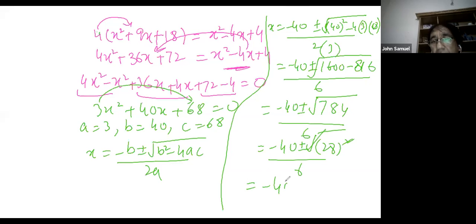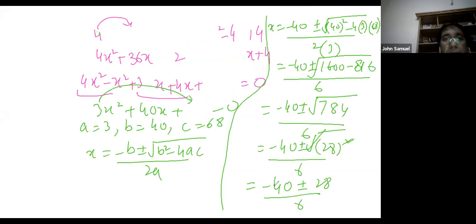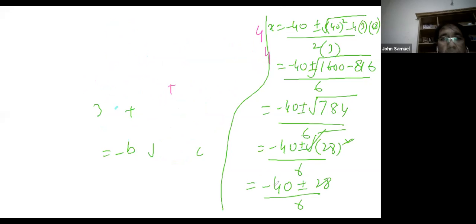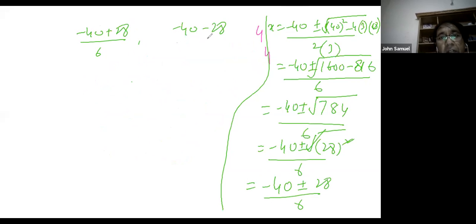So you will get minus 40 plus minus 28 over 6. Raising it from this side, minus 40 plus 28 over 6 and minus 40 minus 28 over 6.